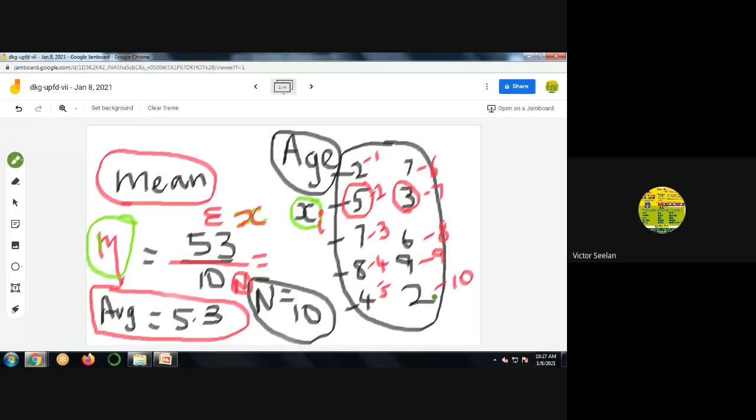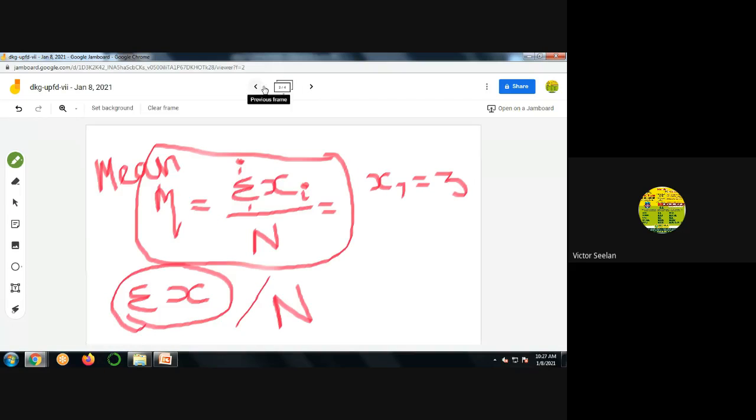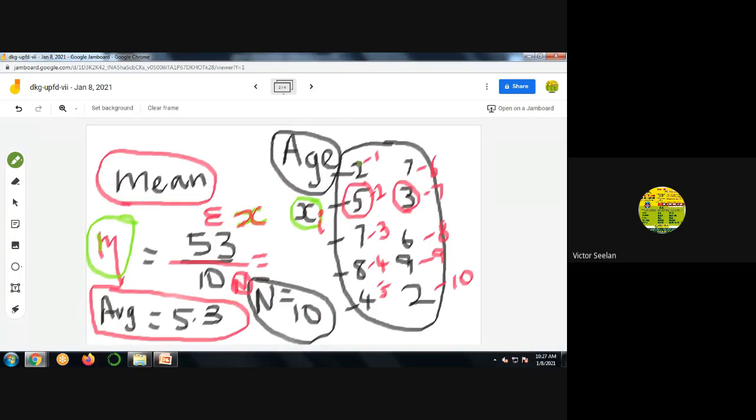How to find the center value? Before picking the center value, first arrange the numbers in ascending order. Ascending order means minimum value to maximum value. Here the first value is 2.